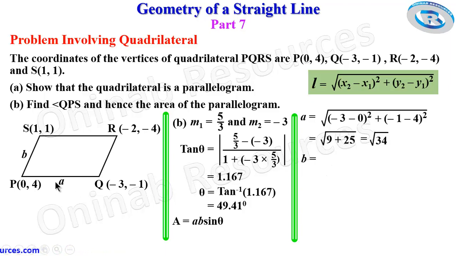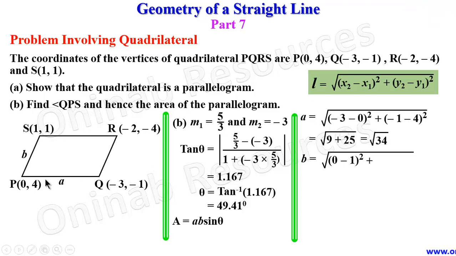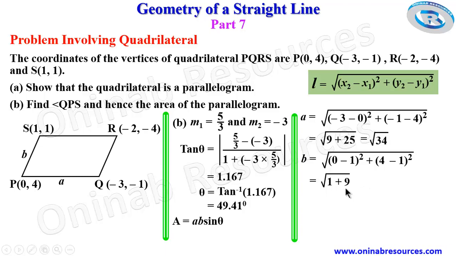Then for B, we are going to have the square root of 0 minus 1 all squared, plus 4 minus 1 all squared. So this is equal to 1 because negative 1 squared is 1. 4 minus 1 is 3. 3 squared is 9. So 1 plus 9, and that gives root 10.